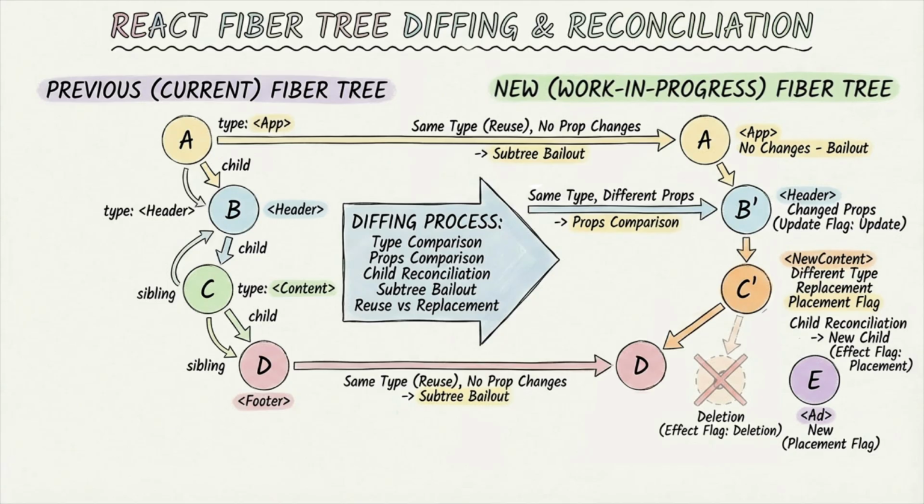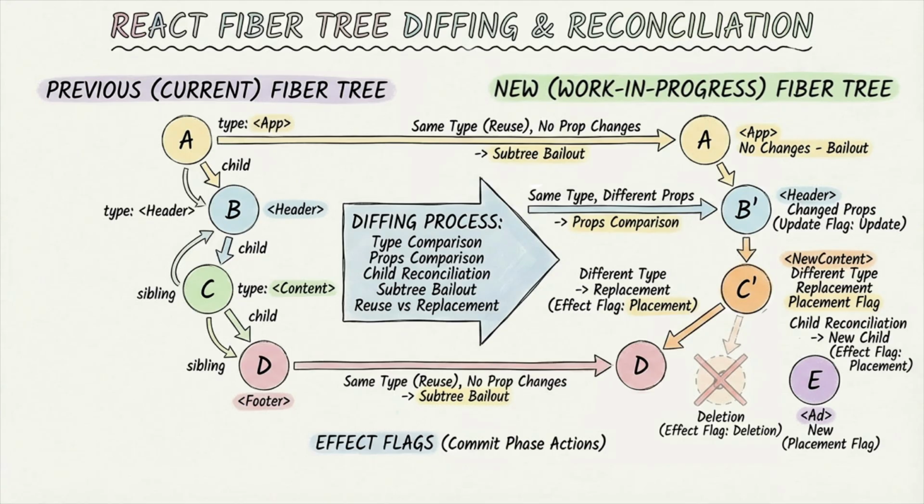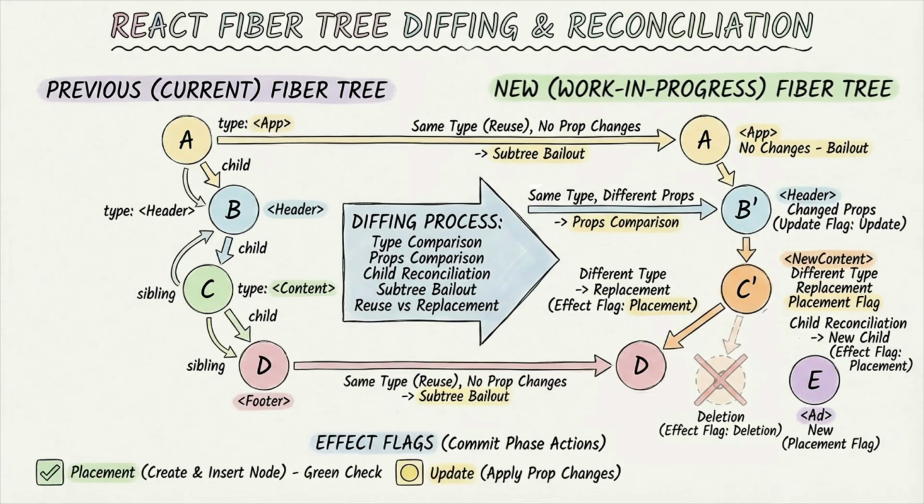This means React skips the entire subtree, a huge performance boost. If something did change, React marks this fiber with a flag that tells the next phase what needs to be updated. React doesn't only create virtual elements, it creates a list of precise mutations it needs to make.